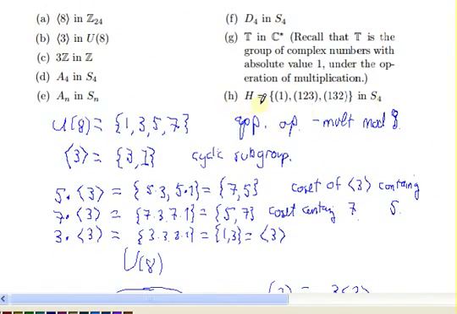This problem here is for H, the cosets of this subgroup in S4. Remember, S4 is the permutations of 4 symbols. Here, our 4 symbols are going to be 1, 2, 3, 4. So let's go ahead and get started with that.